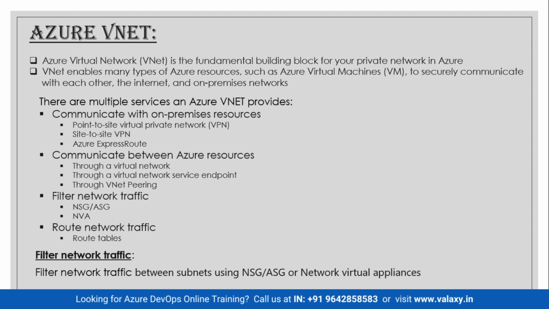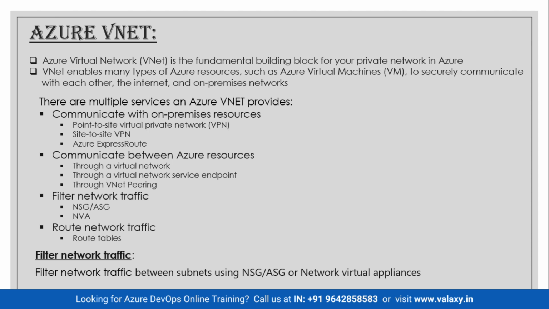There are multiple services that Vnet provides. If you want to connect to your on-prem servers, like if you're working in some hybrid company where they have their own data center, plus they're using cloud. Okay, so using on-prem resources, you can connect to your virtual network.